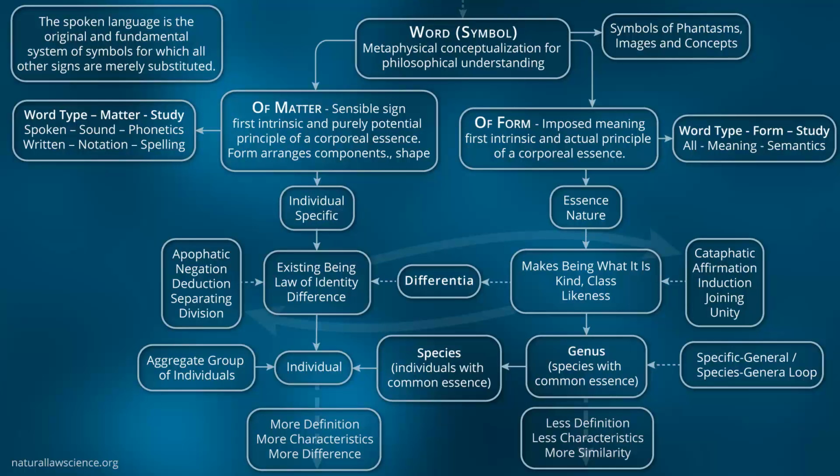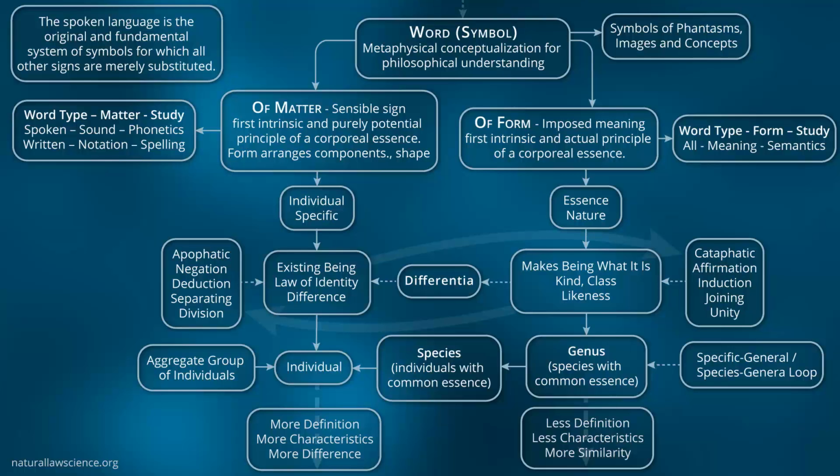And conversely, if we start from existing being, we can get to the kind, class, likeness through induction. And that's cataphatic, an affirmation of what is, to induct and join and unite what is in order to formulate generalized concepts about reality. That's why there's the bigger blue arrows, which is existing being.